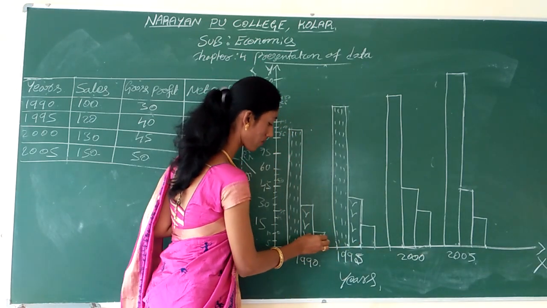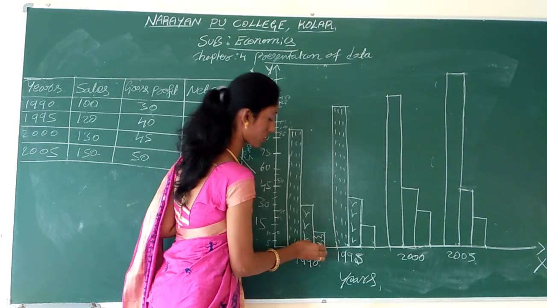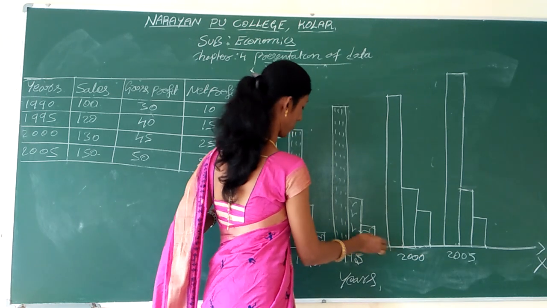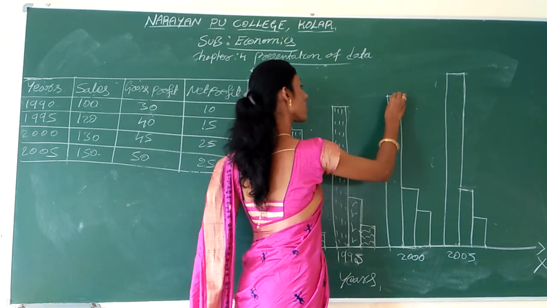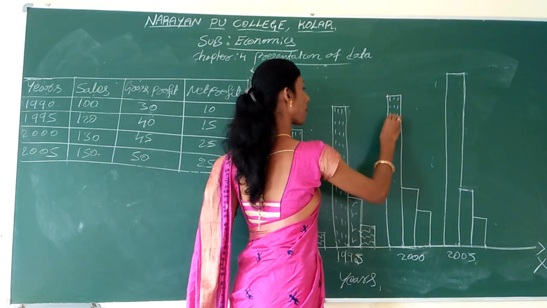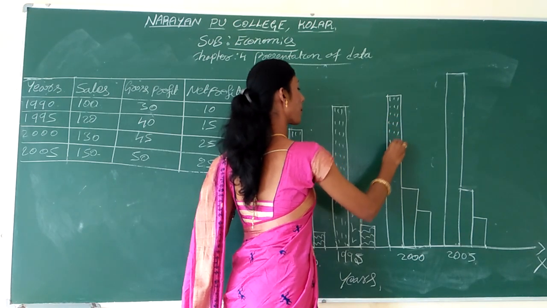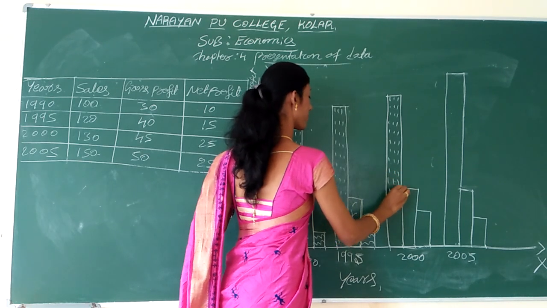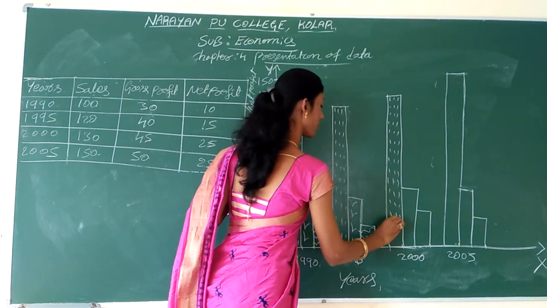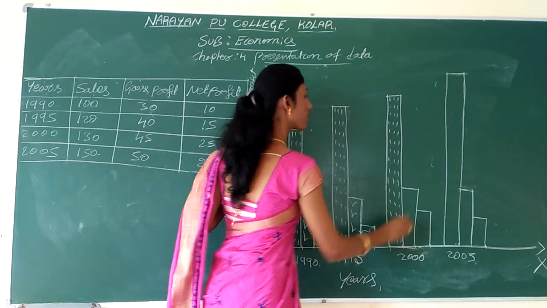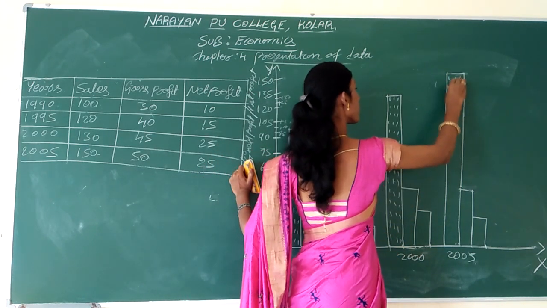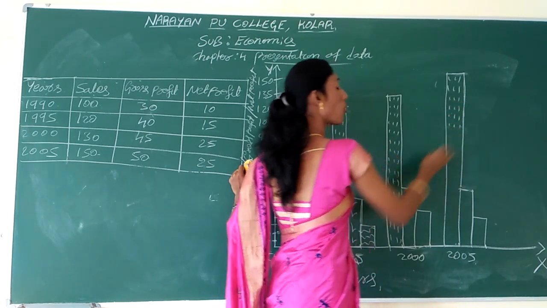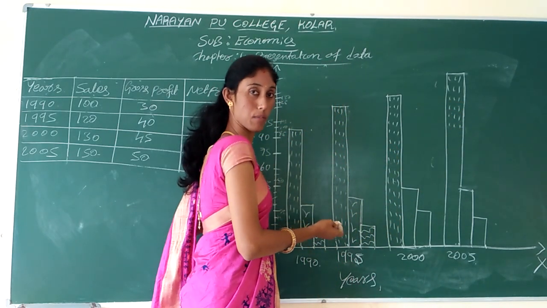And next I will give cross lines. You can give your own shades to the bars.